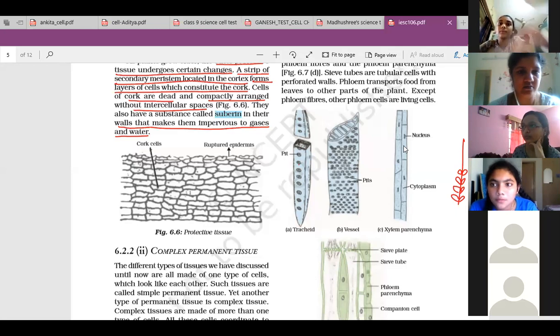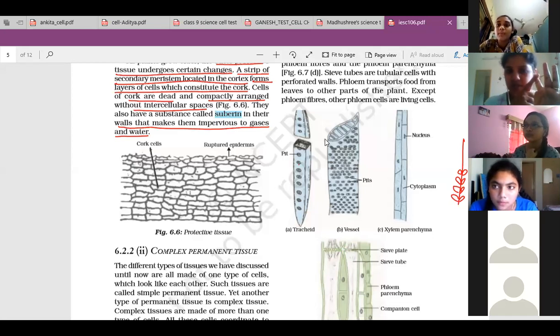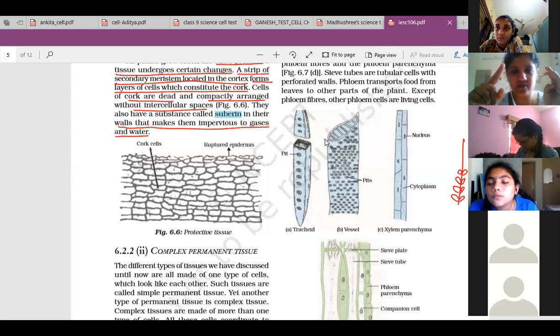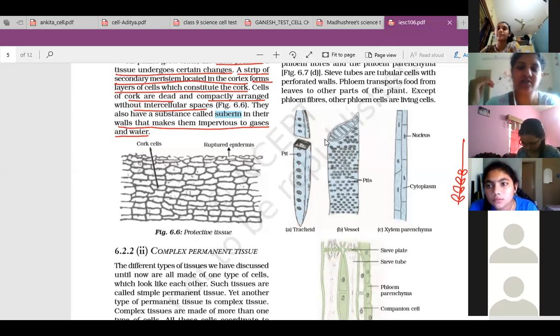Clear? Are you able to understand this? Yes, ma'am. And then out of these four cells, tracheids, vessels, parenchyma, and fiber, only parenchyma is living tissue, a living cell, and the remaining ones are dead. Therefore, xylem is considered mostly dead tissue.